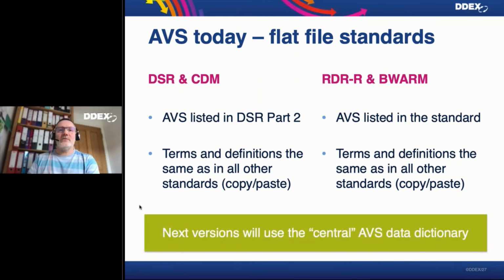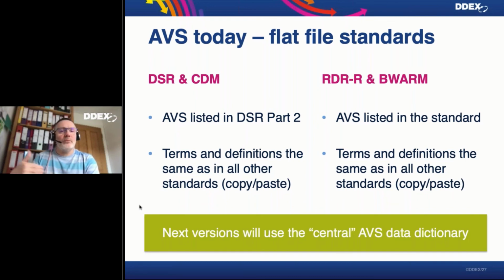So in the next versions, we will make sure that these standards also use the central allowed value set data dictionary that I've shown you earlier, so that all the benefits of having one set of data dictionaries apply. And in any case, certainly DSR and CDM already have the ability to version allowed value sets.